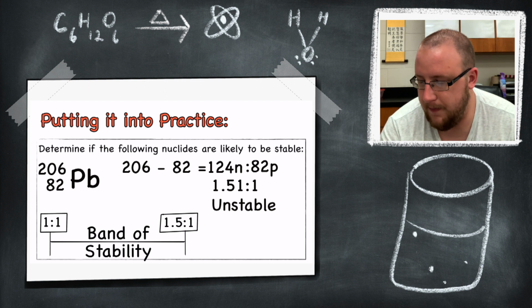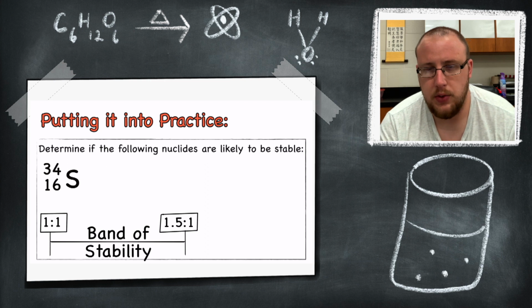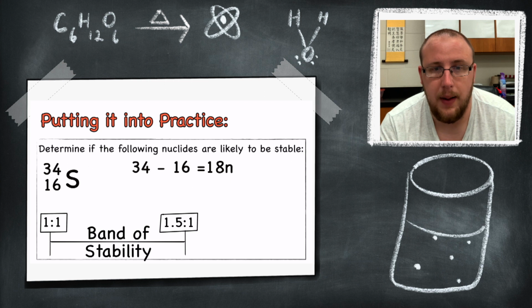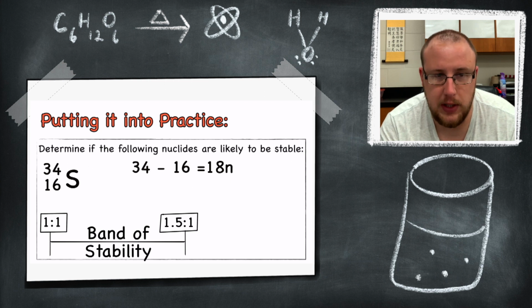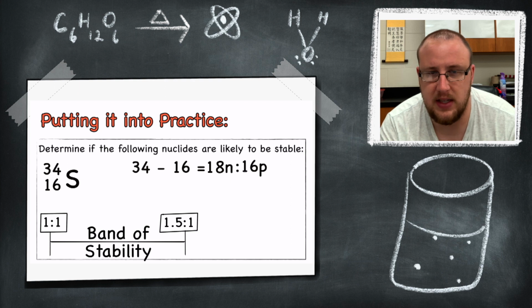Our last one is 34,16 sulfur. What we're going to do is take our atomic mass, which is 34, minus our 16, which is the number of protons. That's going to give us 18 neutrons. So we have 18 neutrons to 16 protons.